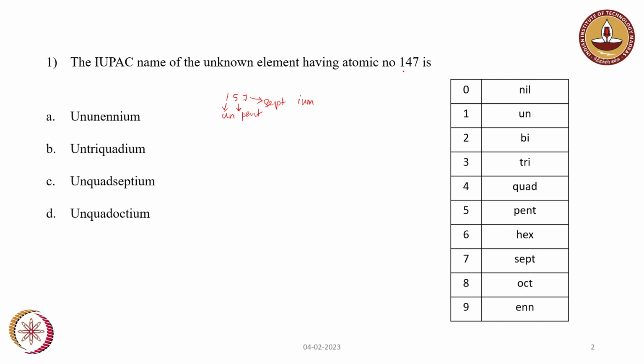So here it's 147. 1 is un, 4 is quad, 7 is sept. And the name will be unquadseptium. So option C is the answer.